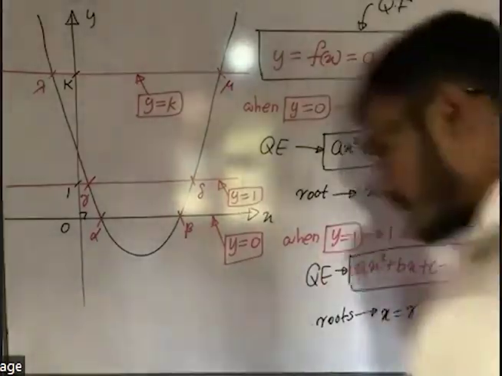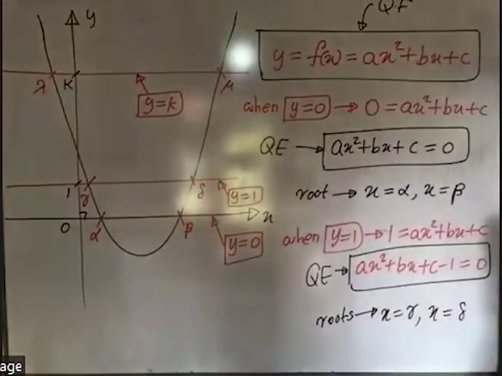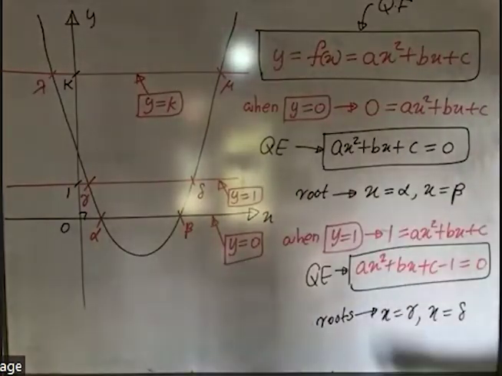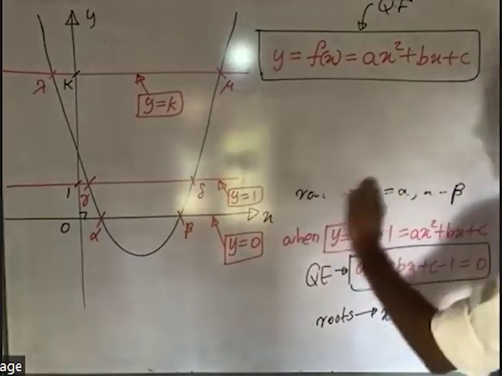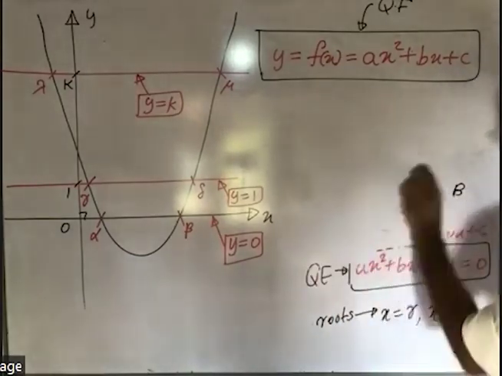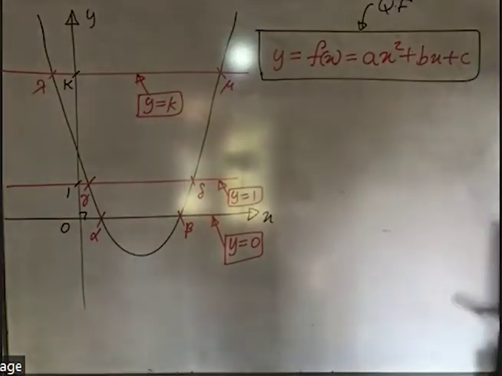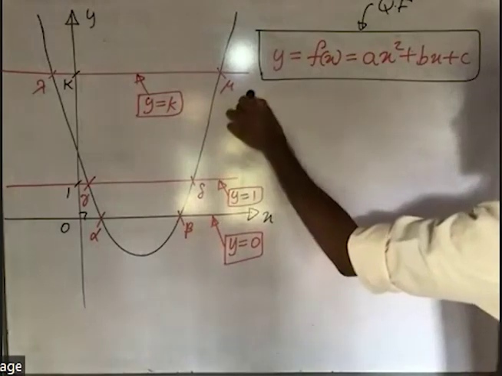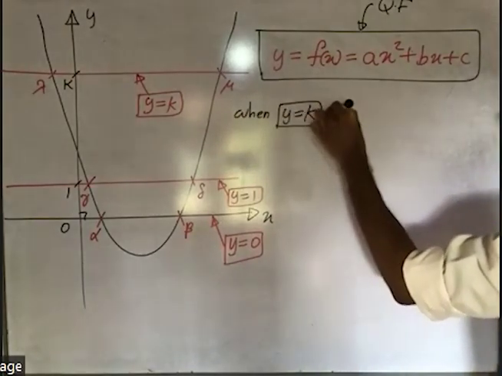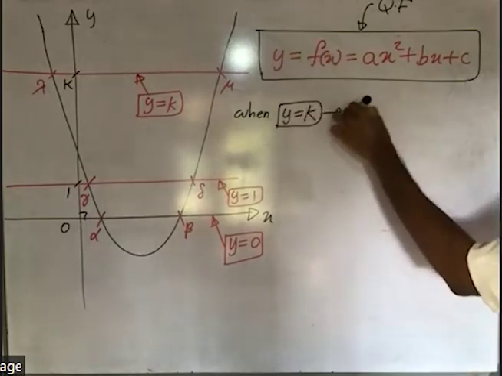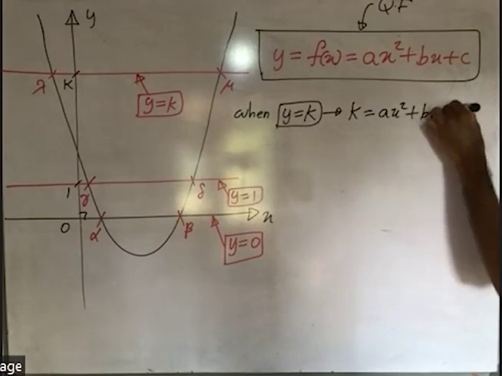Right. Now look at this. When y equal to k, we can develop another equation from this, the same way we have developed these two equations. So when y equal to k, we can write k equal to ax square plus bx plus c.